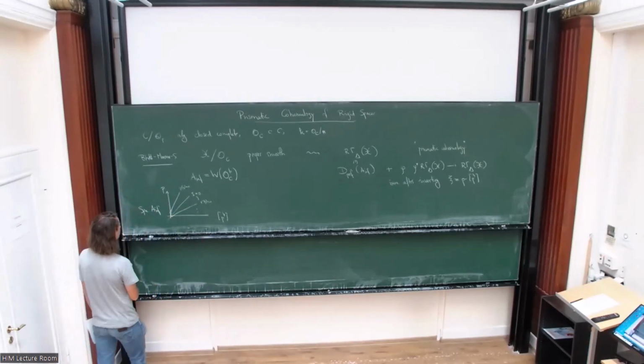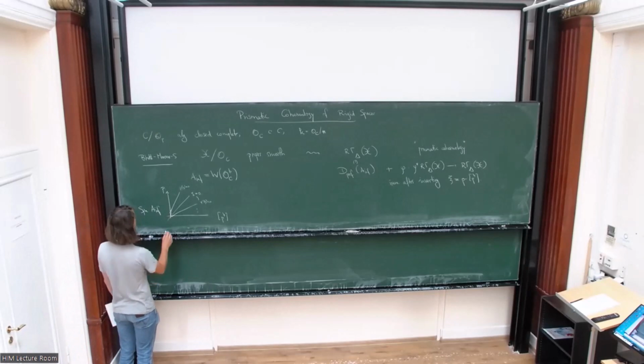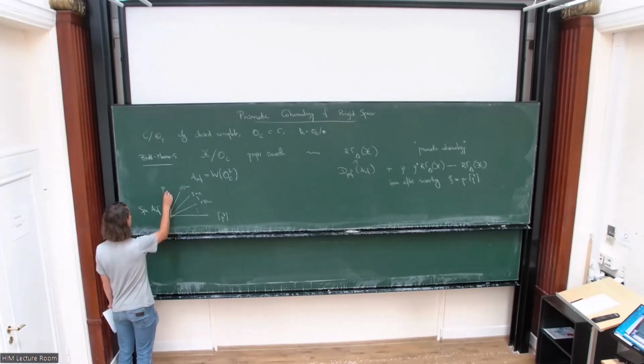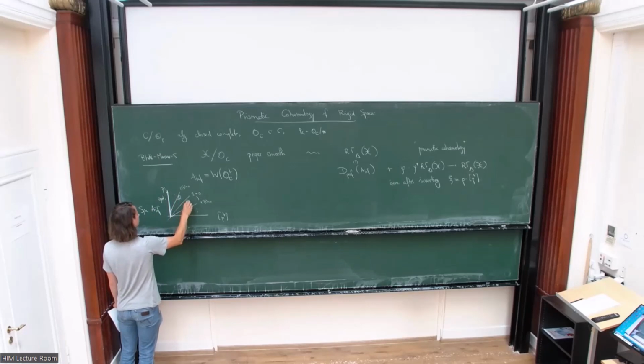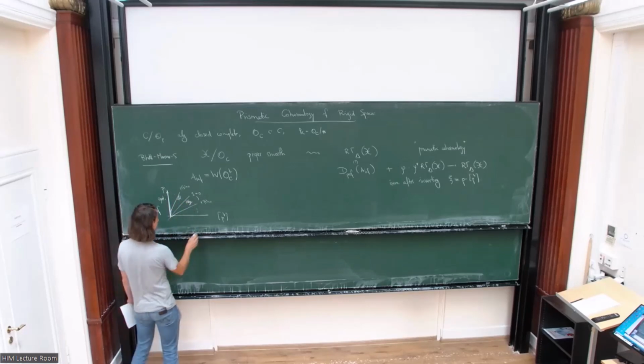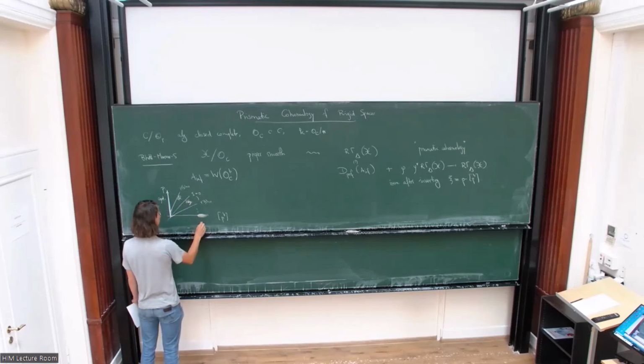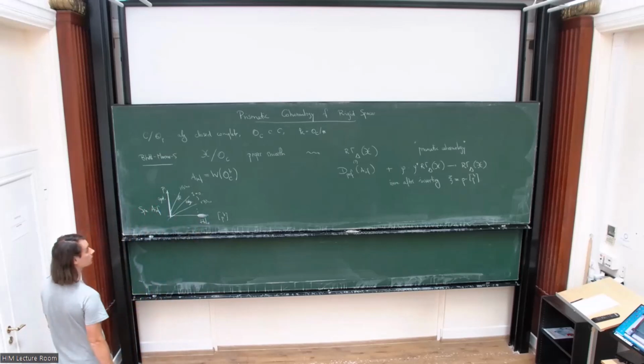And then there are some comparison isomorphisms, and in particular, if you specialize to this locus here, this gives you étale cohomology. Here you get de Rham cohomology, here you get basically Hodge-Tate cohomology. If you specialize here you get étale cohomology for the generic fiber.